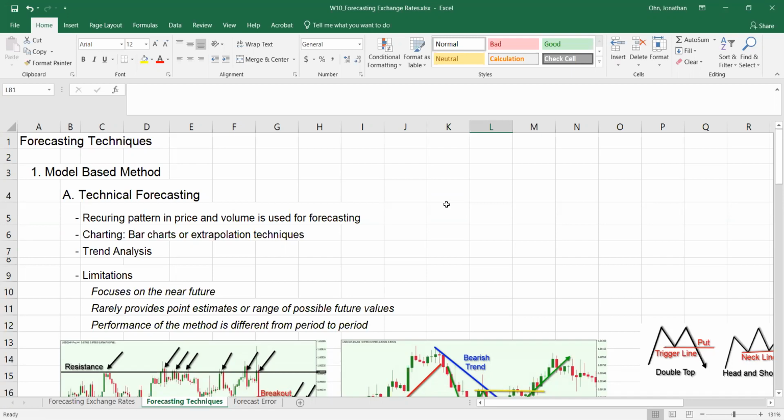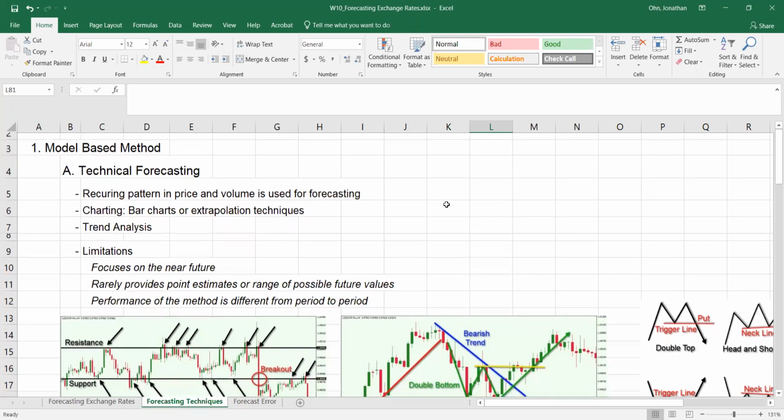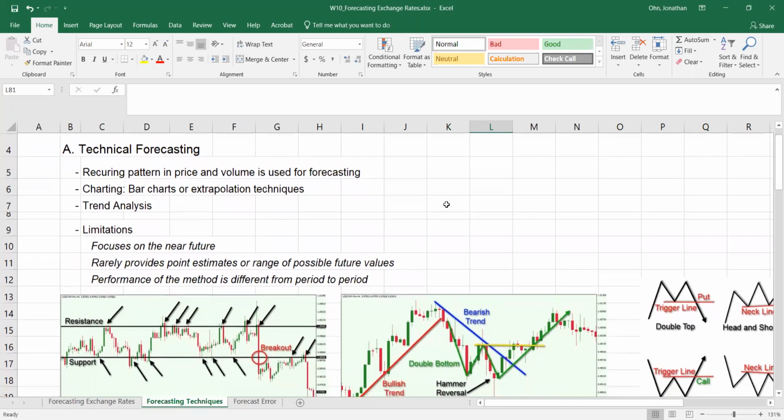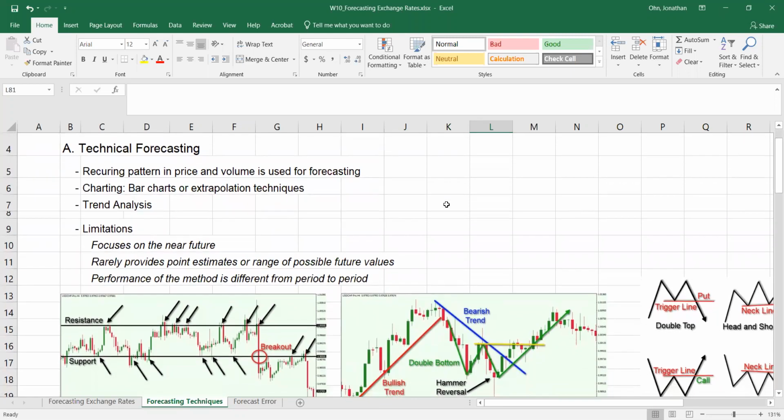Let me briefly explain this. They try to identify some kind of recurring pattern in price and volume, or some recurring trend, so that they can use that for forecasting.